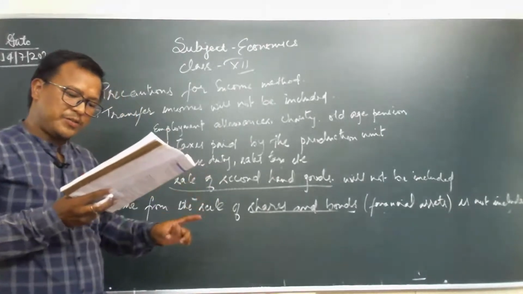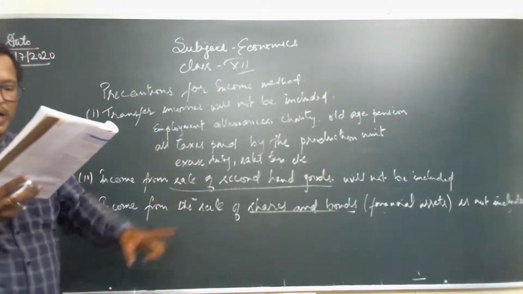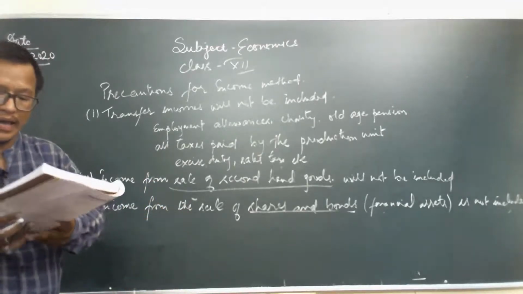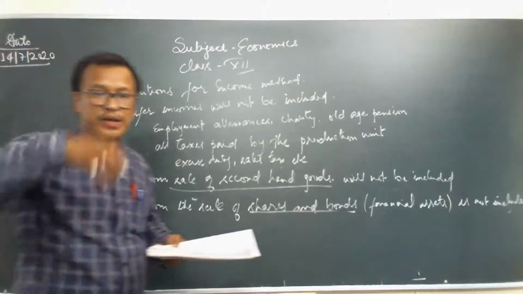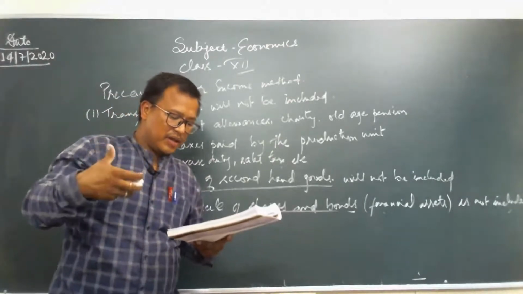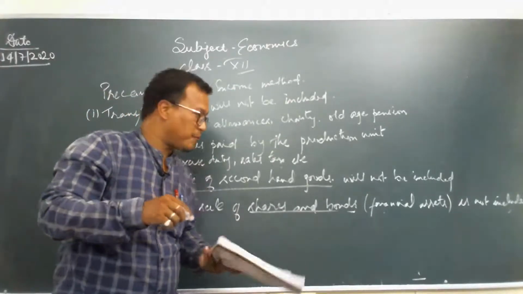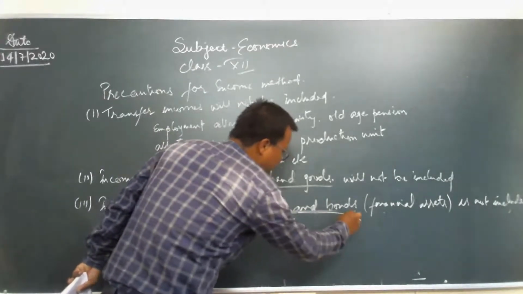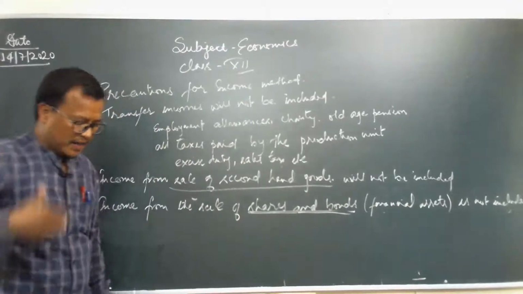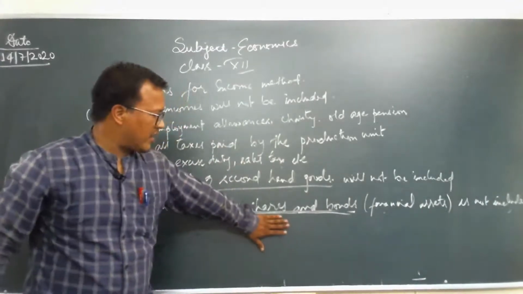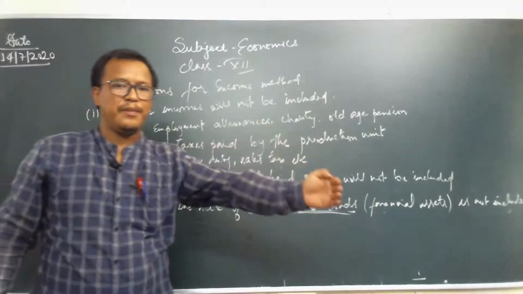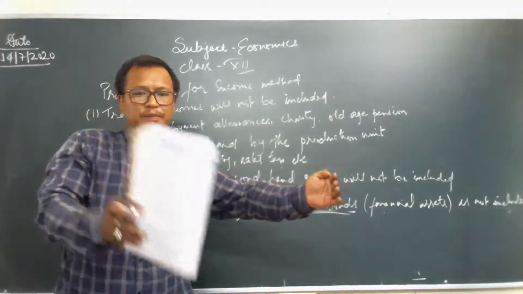However, brokerage paid to the broker will be included as it is the income from the productive services rendered by him. So whatever brokerage the middleman receives will be included. Let's say I have bought shares and bonds from somebody through a third person.